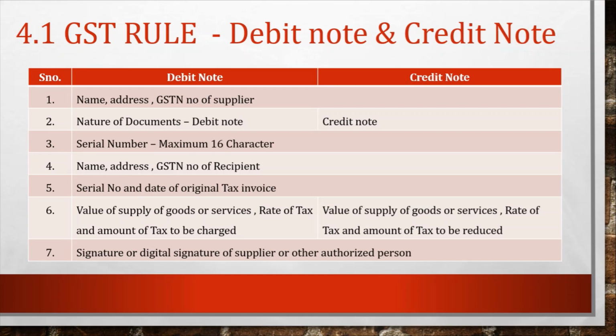One thing to remember here: if any supplier issues a credit note, he cannot reduce the GST liability until the recipient reverses the input credit and simultaneously pays that liability. After that, only the supplier can reduce his liability. So this is the provision.